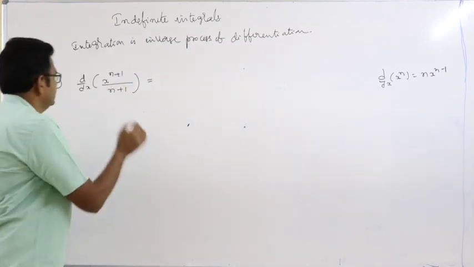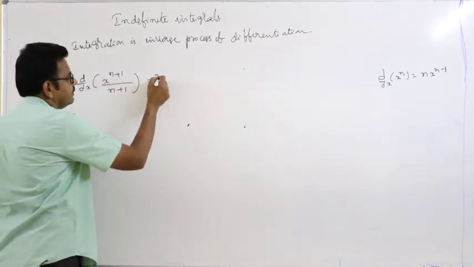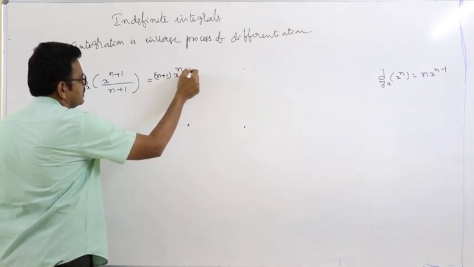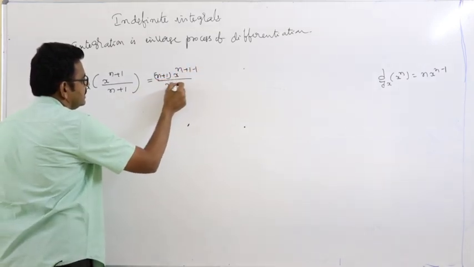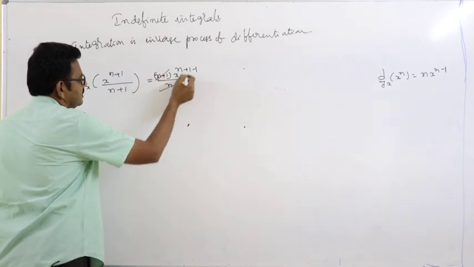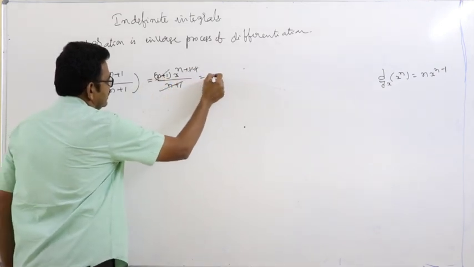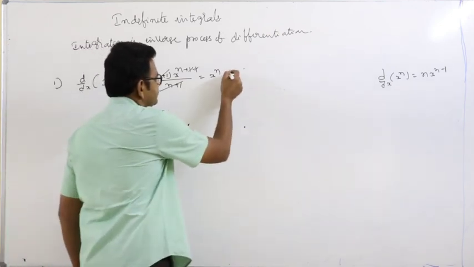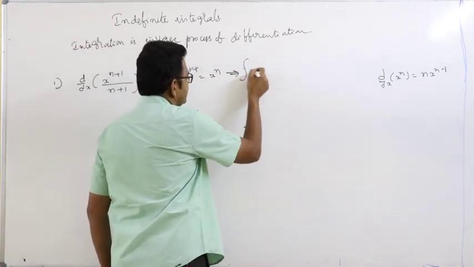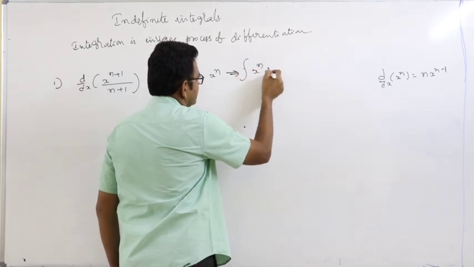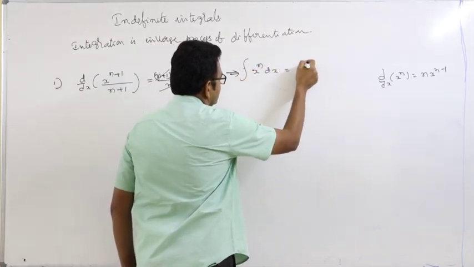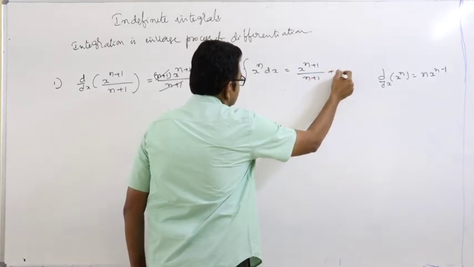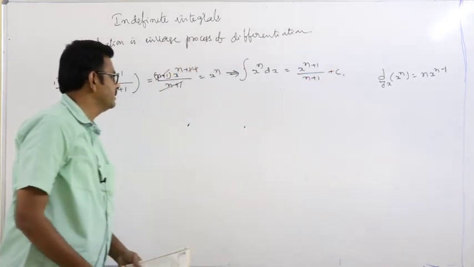So in the same way, this derivative is n plus 1 into x to the power of n plus 1 minus 1 by n plus 1. So these two get cancelled, that is equal to x to the power of n. This implies integral x to the power of n dx is equal to x power n plus 1 by n plus 1 plus c, where c is constant of integration.